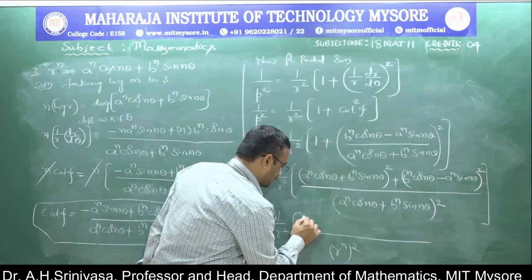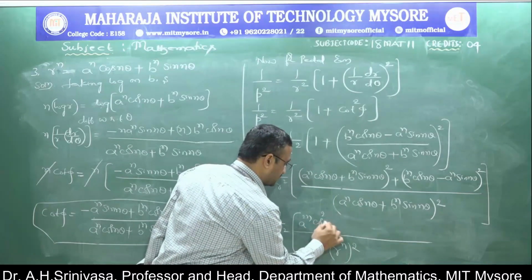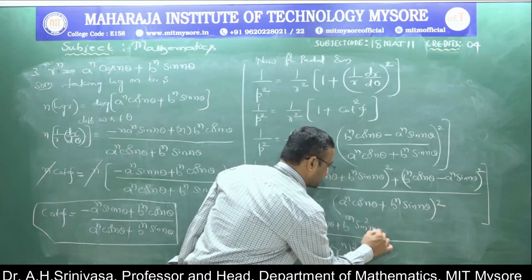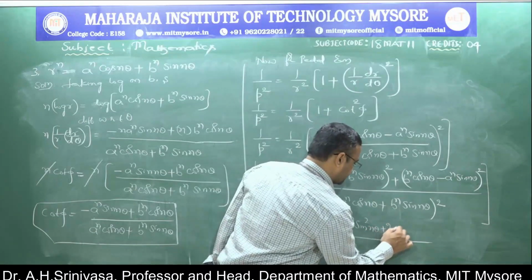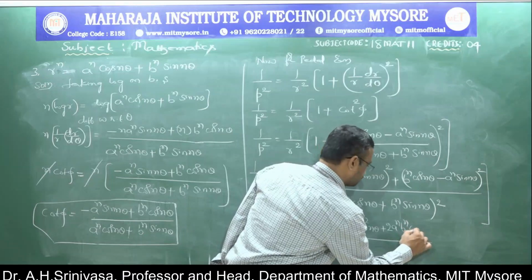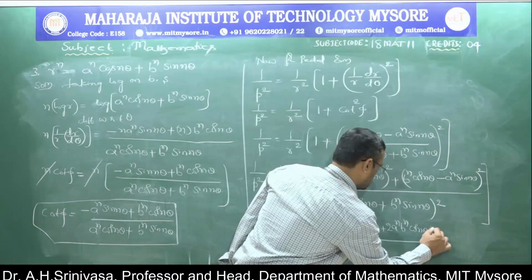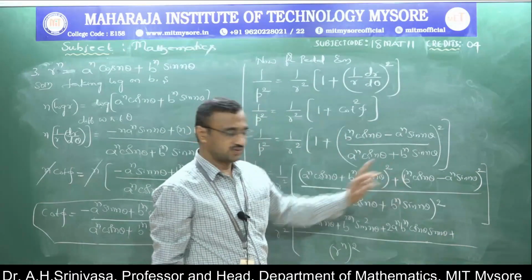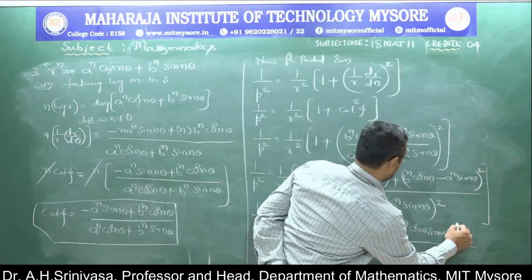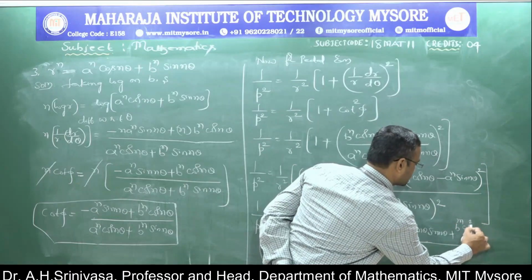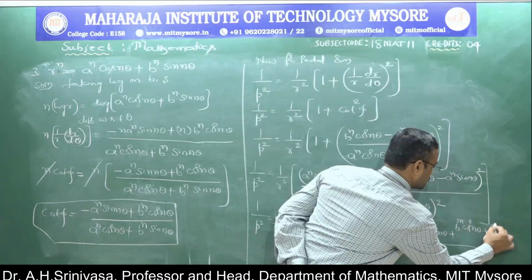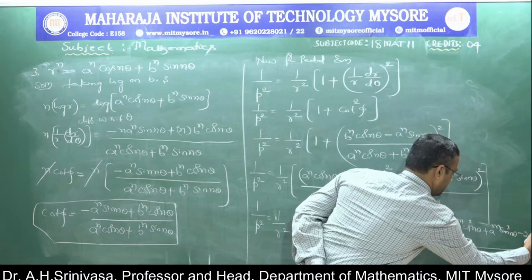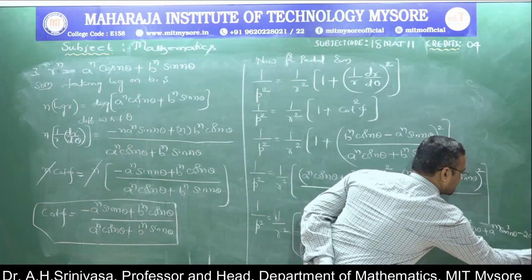What do we get now? a power 2n cos square n theta plus b power 2n sin square n theta plus 2 times a power n b power n cos n theta into sin n theta, plus again the expansion of the other one: b power 2n cos square n theta plus a power 2n sin square n theta minus 2 times a power n b power n sin n theta cos n theta.